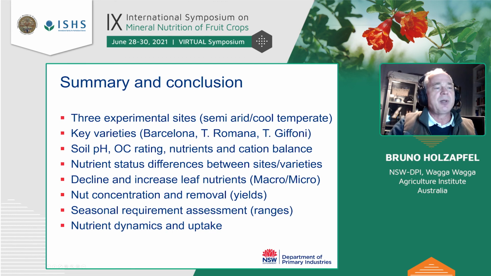We try to get more of the seasonal requirements. So firstly, ranges at different times of the season, but also how much these trees need at certain times of the season. So for that, we need to understand better the nutrient dynamics and the uptake by the trees.